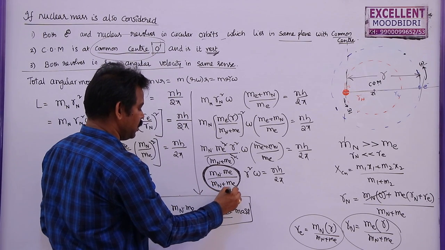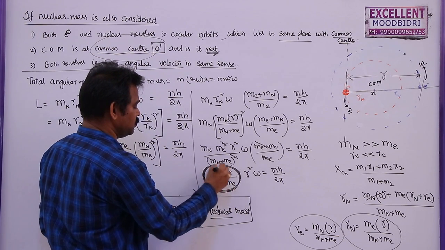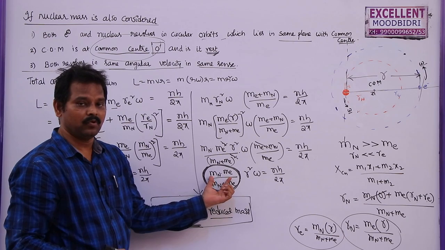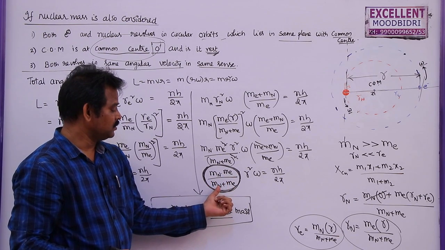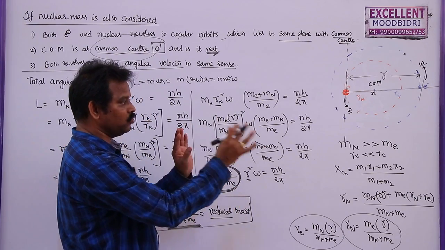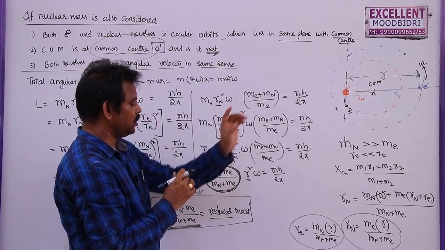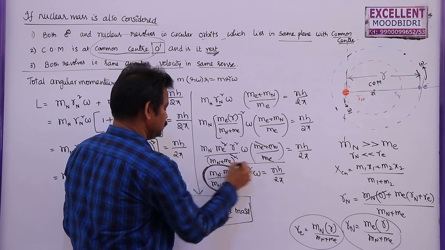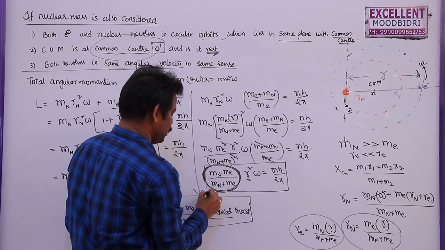We should take the reduced mass of the system, which is the product of the mass of nucleus and electron by the sum of the masses of nucleus and electron, into the distance between the two particles, that is nucleus and electron, into omega. This is the actual angular momentum.